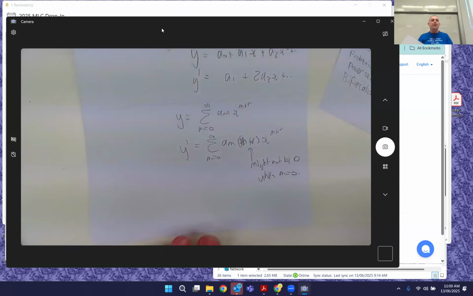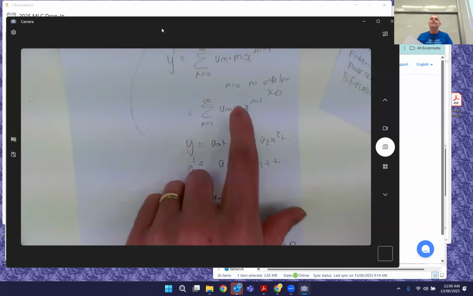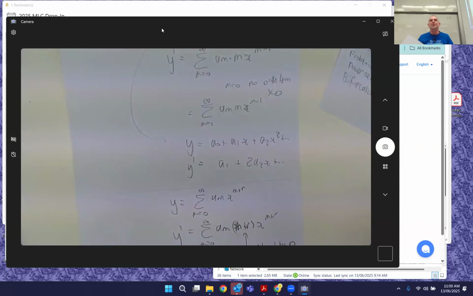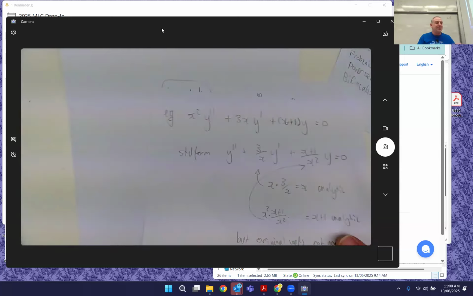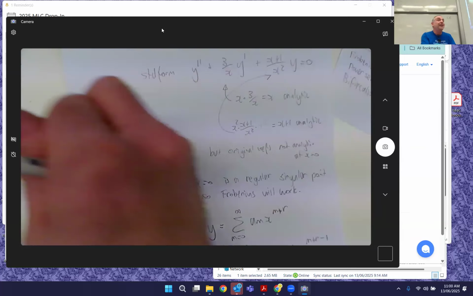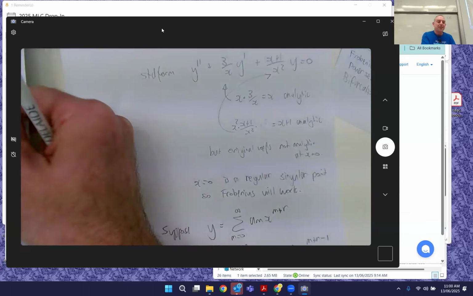But even if r was 0, it would still be okay to leave this in here, because it's going to be times by 0 anyway, so it doesn't really matter whether there's an x to the minus 1. It's all fine. And to be honest, when a lot of these things were invented, people just weren't that finicky about it. People are a lot more finicky about calculus than they were when calculus was invented.